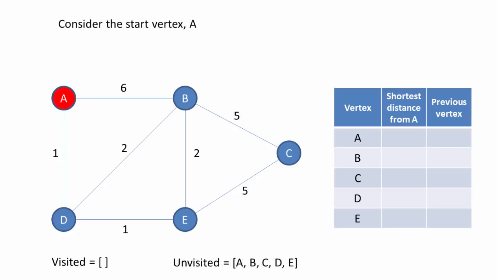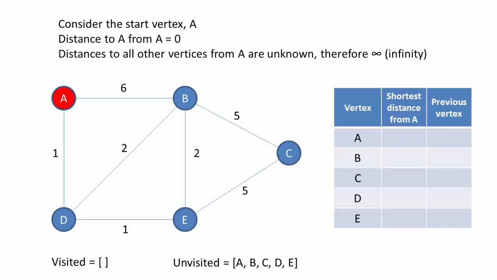So let's consider the starting vertex, A. The distance to A from A is 0. That seems rather obvious, but you'll see that becomes important a bit later. The distances to all other vertices from A are unknown. So for the purposes of the algorithm, we're going to set them to a very high value, let's say infinity. We can include this information in our table straight away.